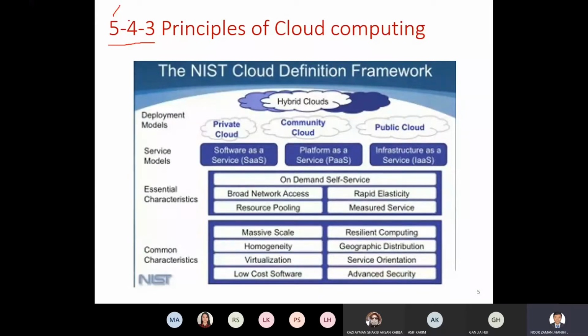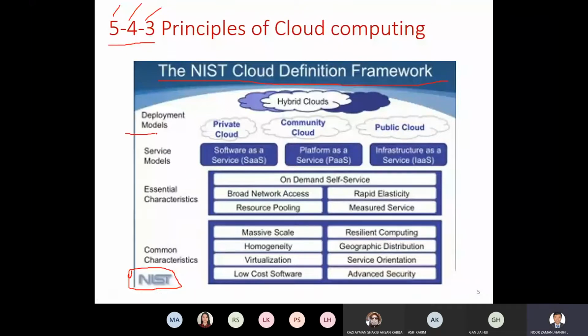What is 5? What is 4? What is 3? You will see them in a couple of minutes. Before that, this is the primary understanding of the NIST cloud definition framework from when the cloud was started. That's why you can see it is done by the NIST and their presence is here as well.